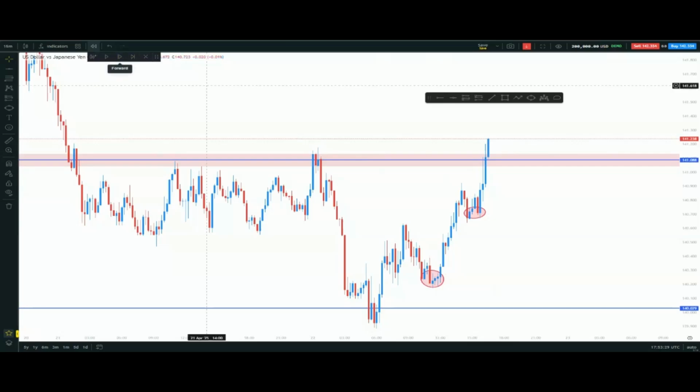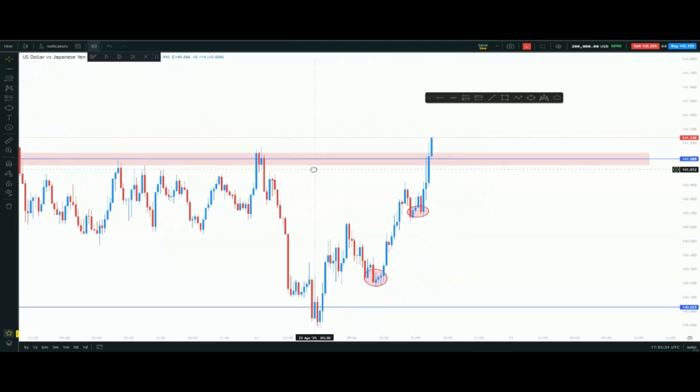So let me go through what I based on as my form of entry. As a form of entry, first of all, you have to wait for candlestick confirmations. The first form of candlestick confirmation that represented a continuation of this trend would be a bullish engulfing candle, where the previous bearish candle is completely covered by a new bullish candle, right?